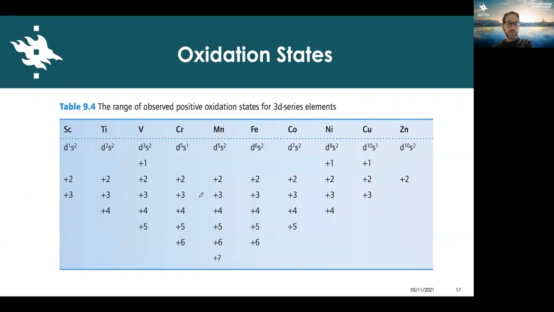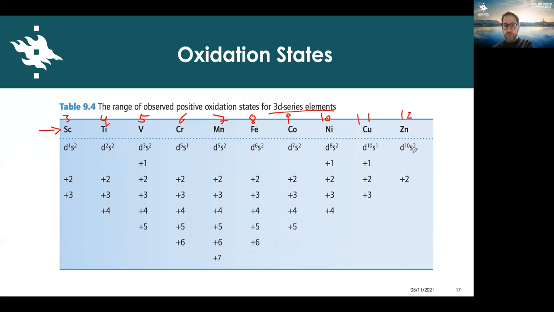So here we have the 3D series, the elements of the first period of the D block. Here we have the different elements: group 3, 4, 5, 6, group 7, 8, 9, 10, 11, and 12.